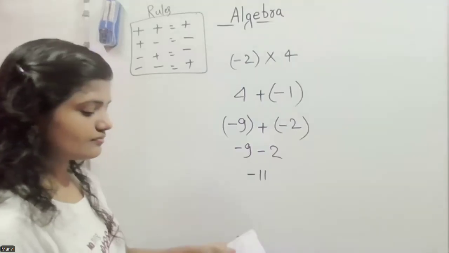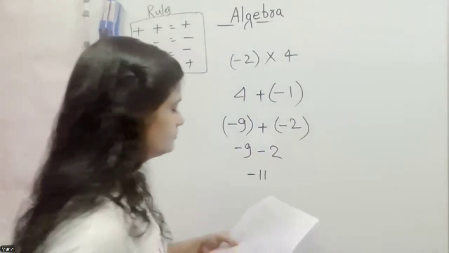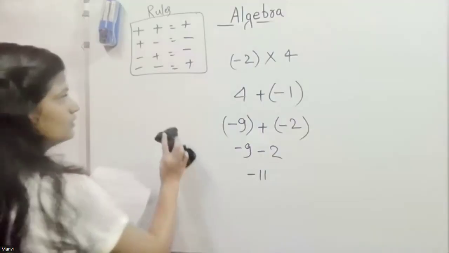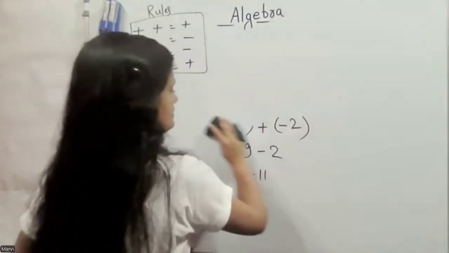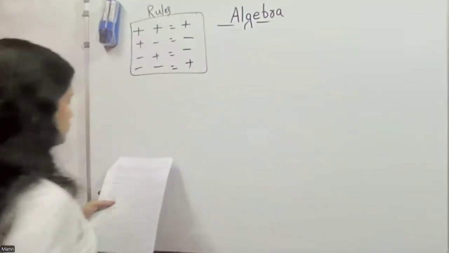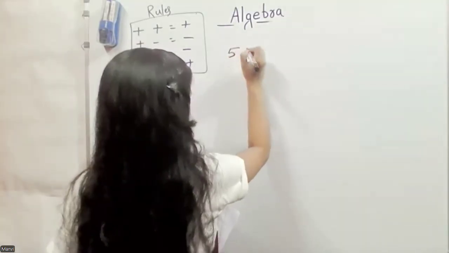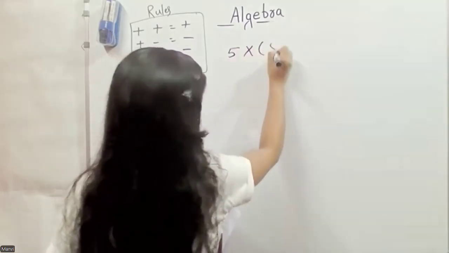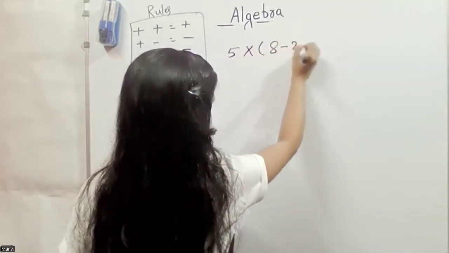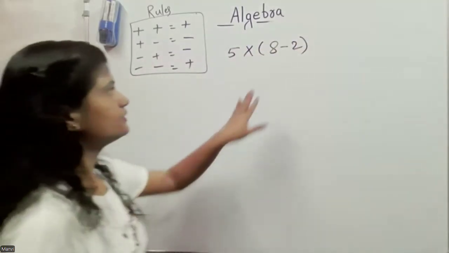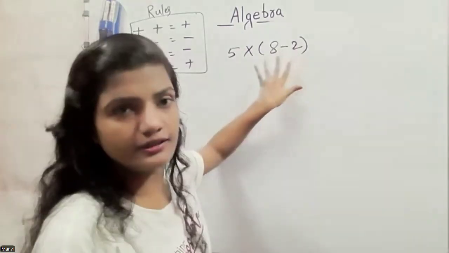Sometimes they give a question in this way: 5 times with 8 minus 2. Here we are putting this bracket.